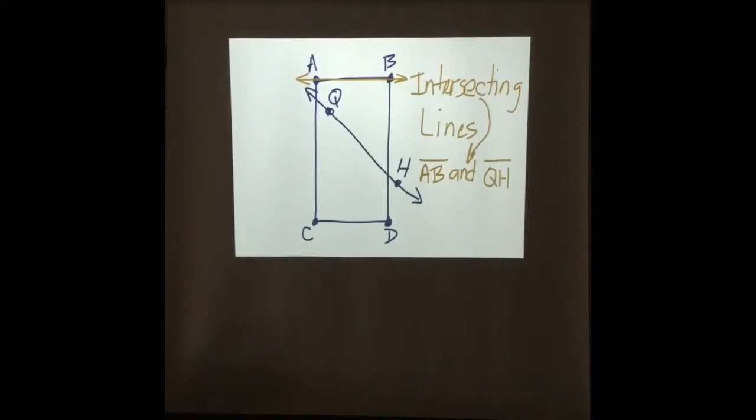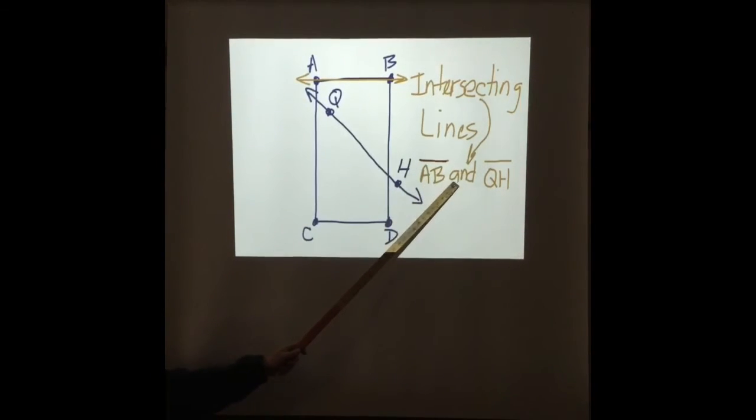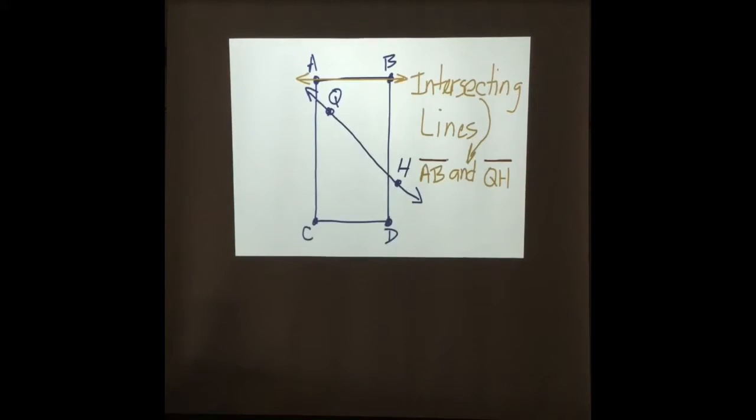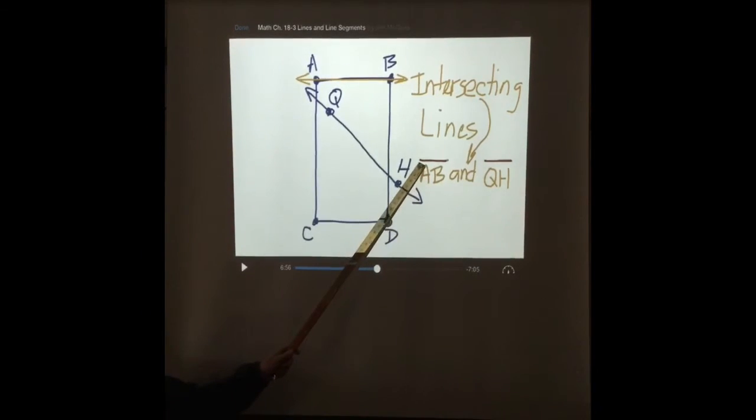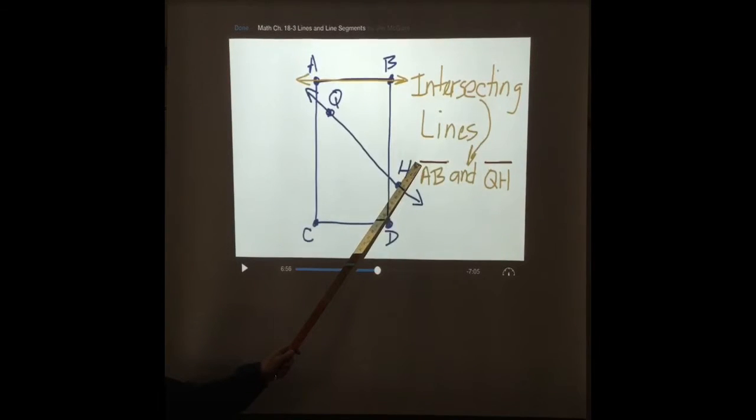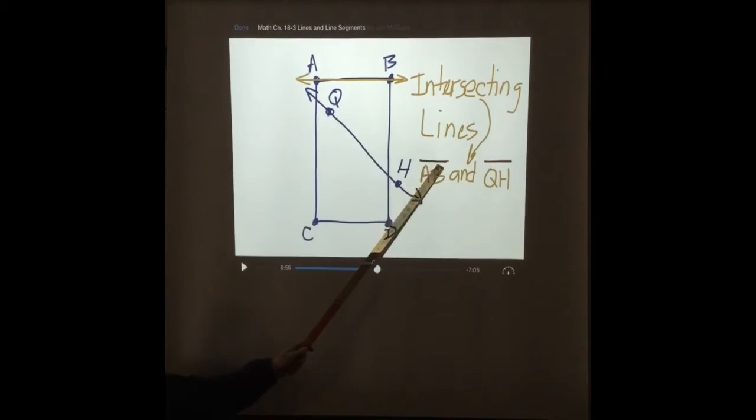So what do we have? Well, if we read this, we would read it this way. We would say line AB and line QH. These should have arrows on them because the symbol we have right now is a line segment.